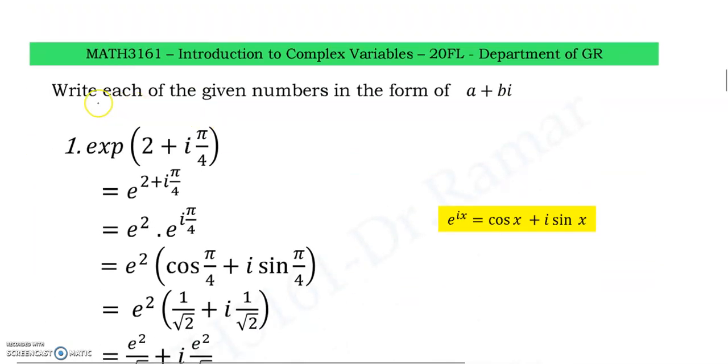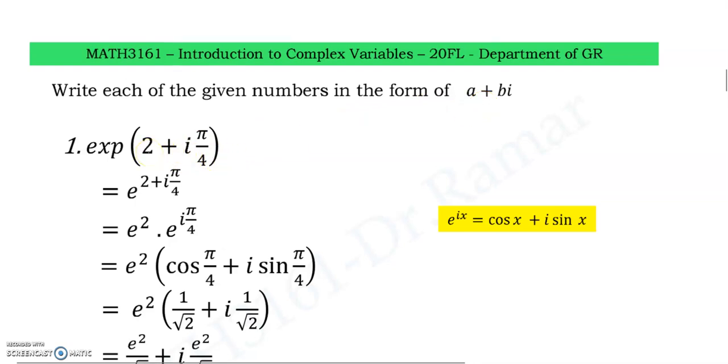Here we do some questions on how to change the given exponential form of the complex number into the a plus bi form.